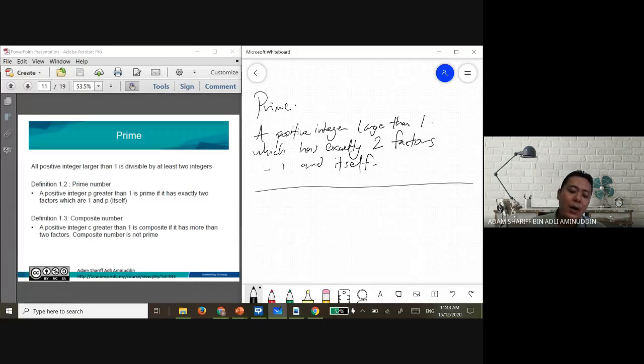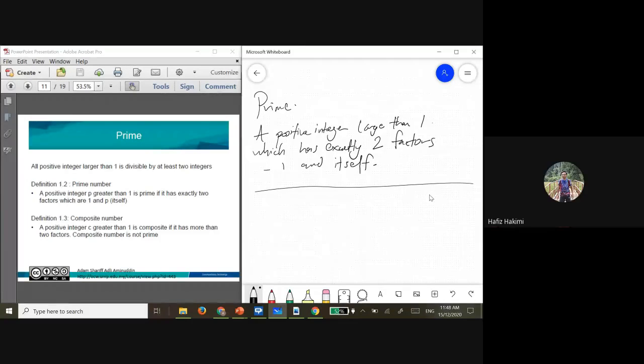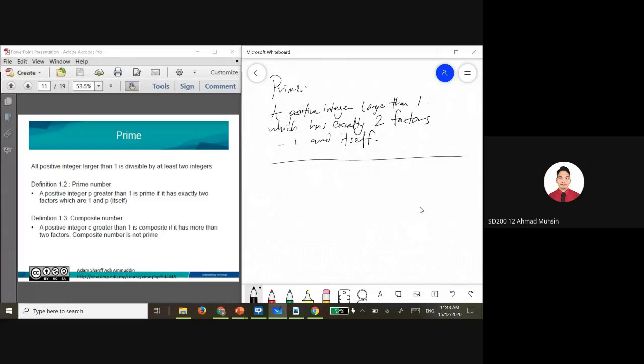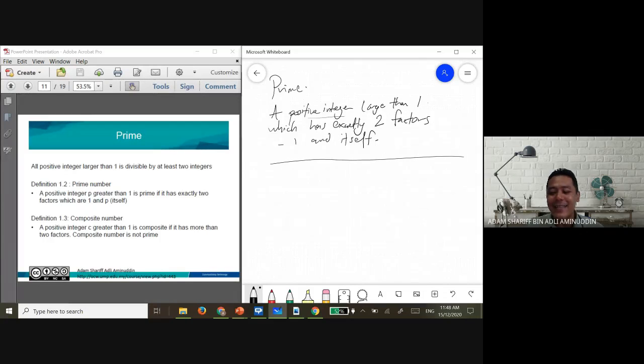So, what is the smallest prime number? 2. Okay, tengok definitionnya. Positive integer larger than 1. Maka 1 is not a prime number. Actually, I can explain why 1 is not a prime number. But maybe later in the lecture.